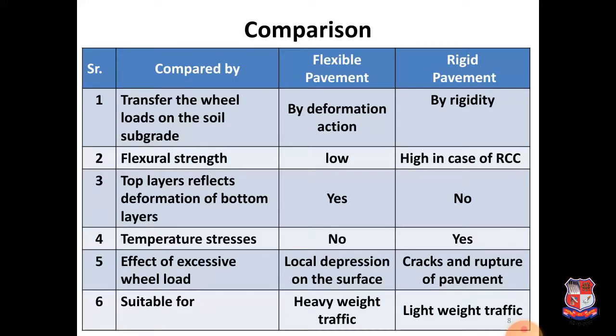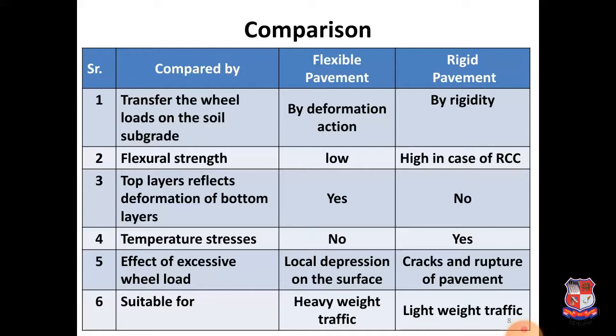Comparison point: suitability. Flexible pavement is suitable for heavyweight traffic and rigid pavement is suitable for lightweight traffic. Flexible pavement has more thickness and has the capacity to absorb more load, so it is suitable for heavyweight traffic.